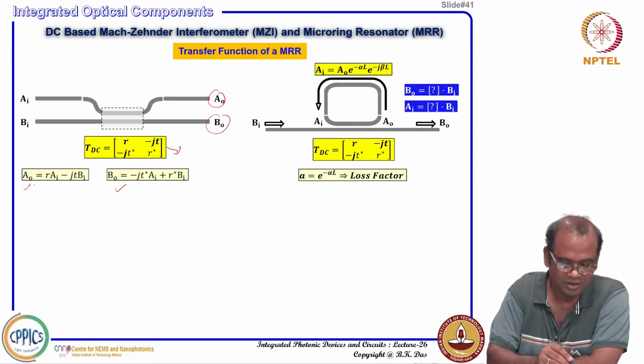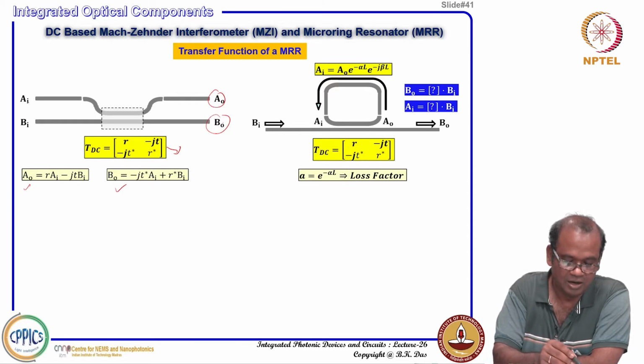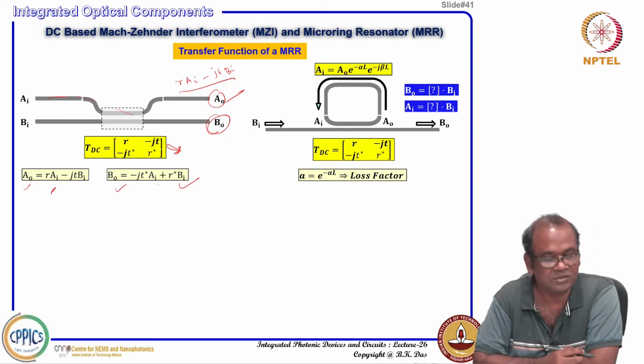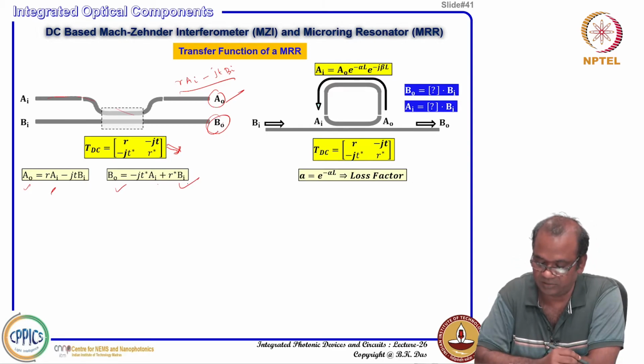A naught will be R AI, this will contribute R AI, and something is contributing here, that will be minus JT BI. So, that is A naught I have written here. Similarly, B naught will be R star BI and whatever is coming here, minus JT star AI, that comes from this transfer matrix. Straightforward, two equations I am getting.